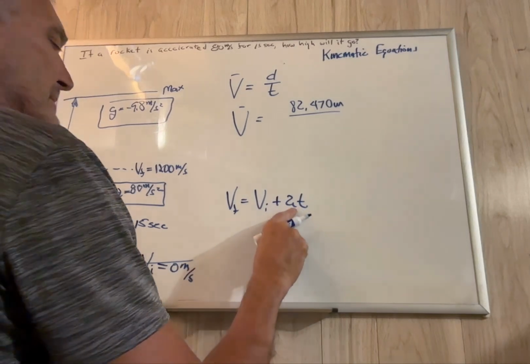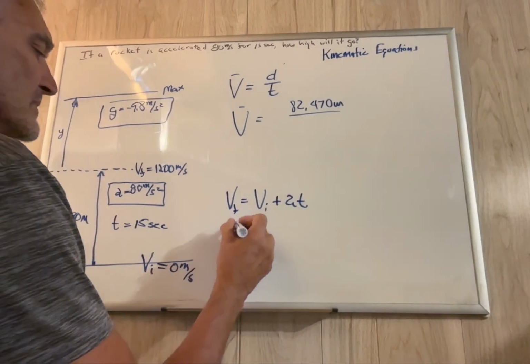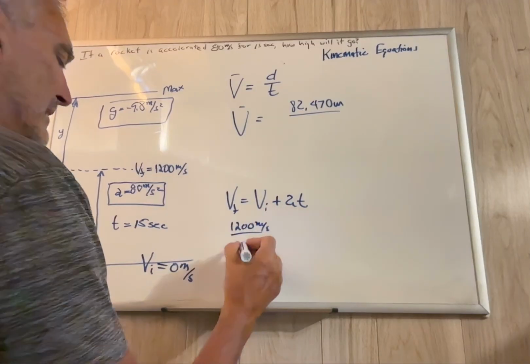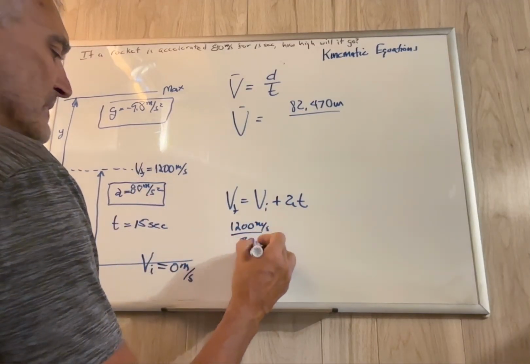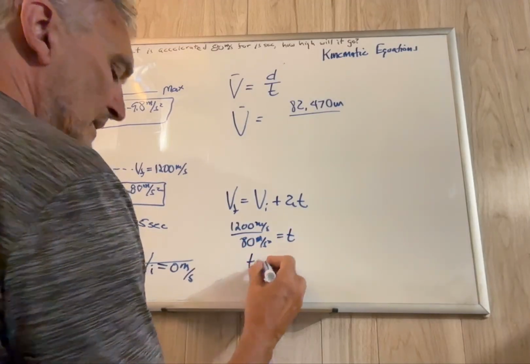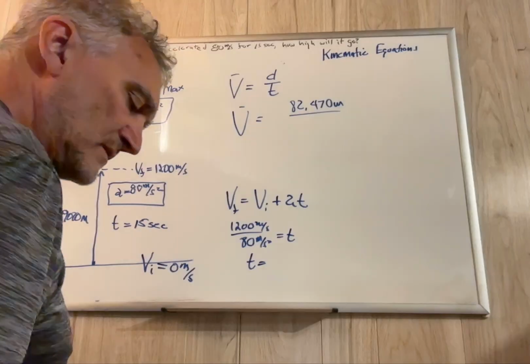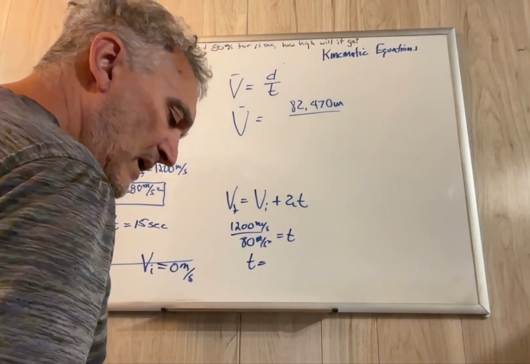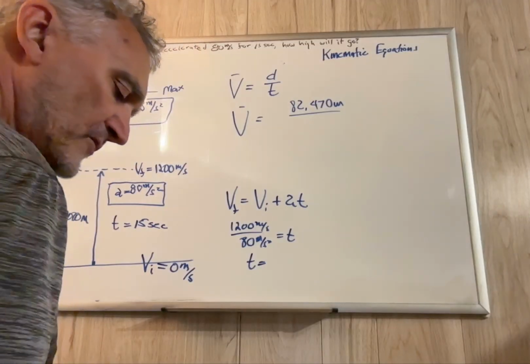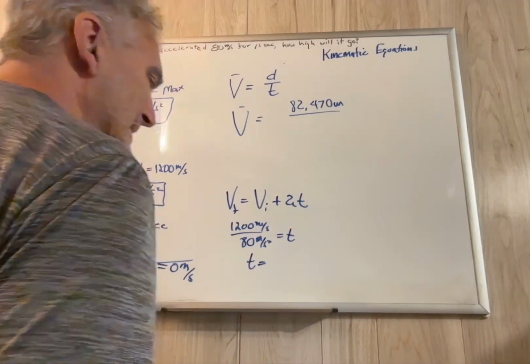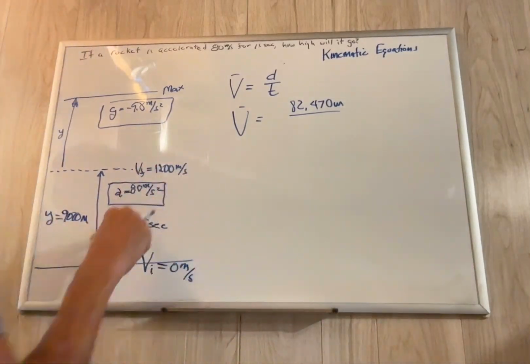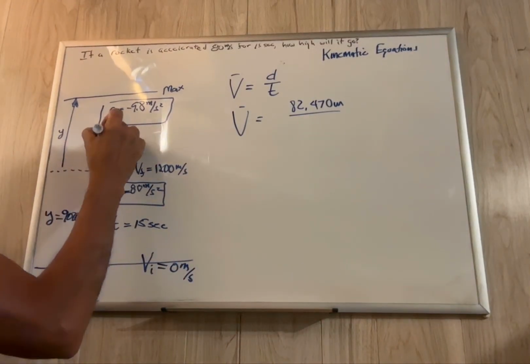Well, I know my A. I know my velocity final, so this would be 1,200 meters per second divided by my A, which is 80 meters per second squared, which is going to end up giving us a T. T comes out to be about 122 seconds. I'm sorry. This is 15 seconds. Duh. I know this time. Let's go with this time up here. I don't know this time.